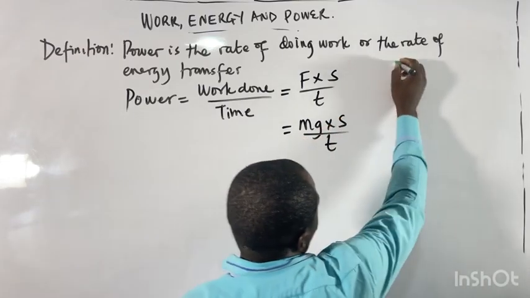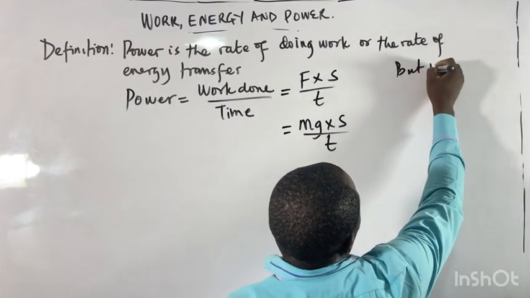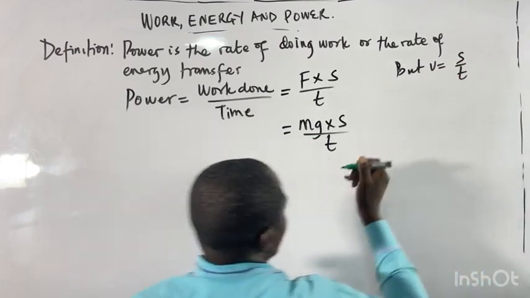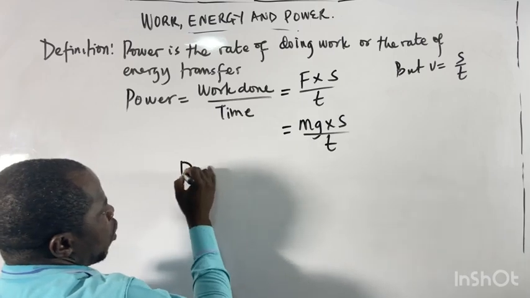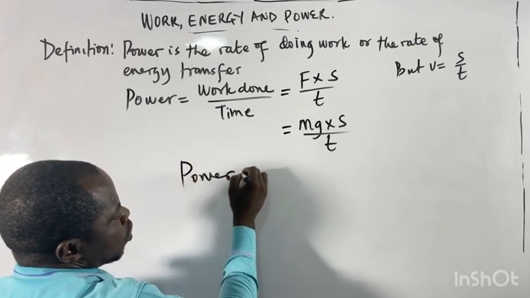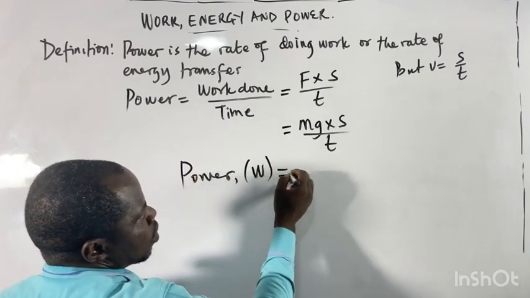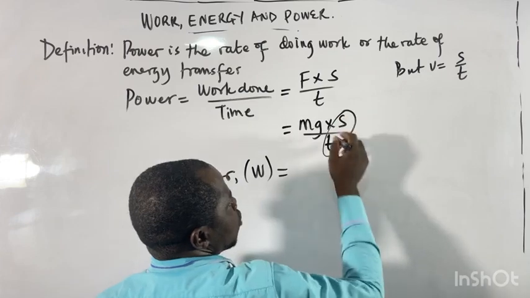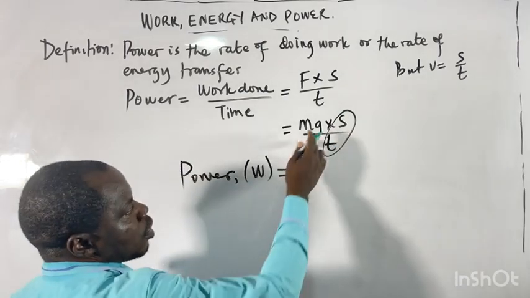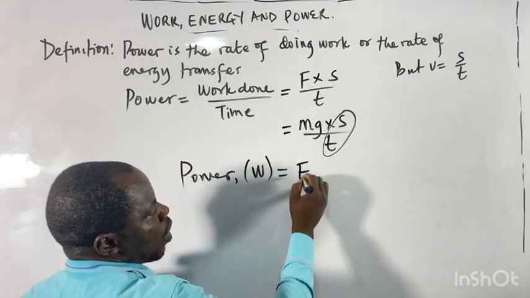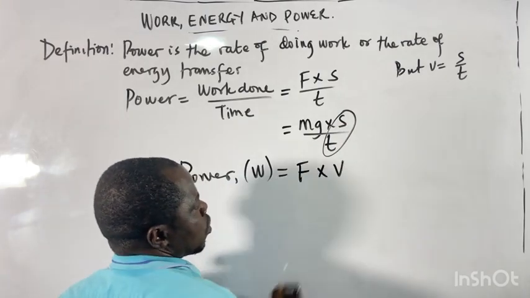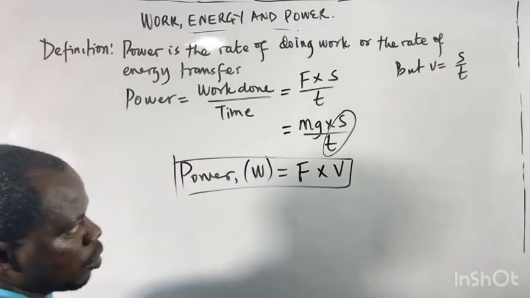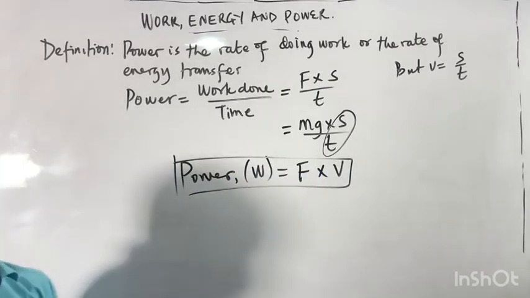But velocity is equal to distance over time. So in that case, since distance over time is velocity and mg is force, you can define power as force times velocity. Let's take note of that relationship. Power can be taken as force times velocity.